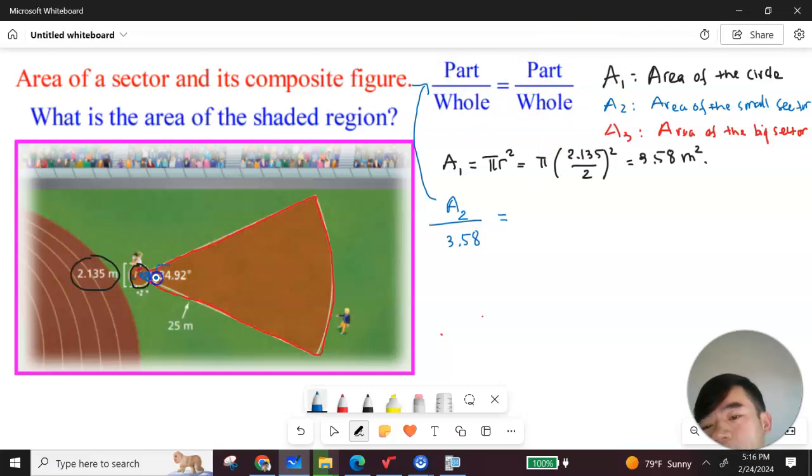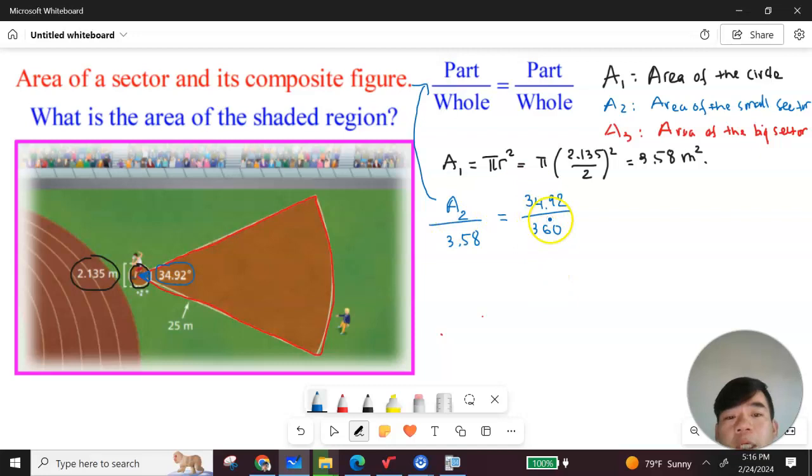This information we haven't used yet, 34.92, is the measure of the central angle of the small sector. Because this central angle stays inside the circle, the whole circle should be 360 degrees.